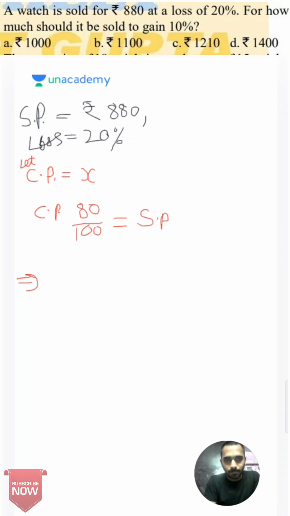So here we have X, meaning cost price, times 80 by 100, and SP is given in the question, that is rupees 880.